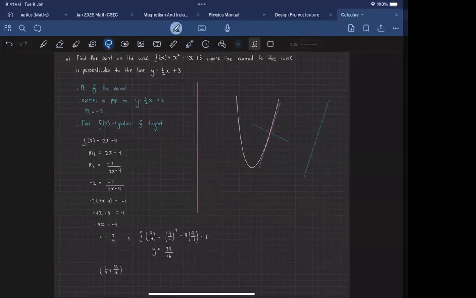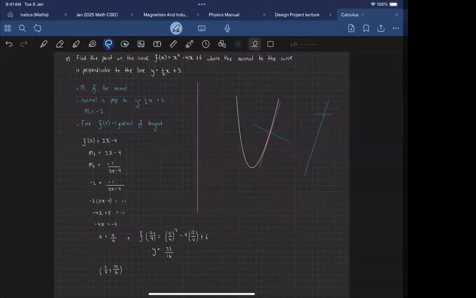So Amy, look at it, right? This is the line y is equal to half x plus 3. This is the normal, and this is the tangent. And you can see that the tangent is parallel to y is equal to half x plus 3. So the gradient you get from this would also be the gradient of the tangent, because this line is parallel to this line.